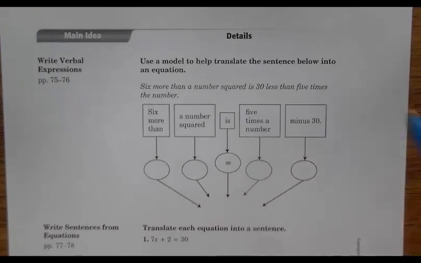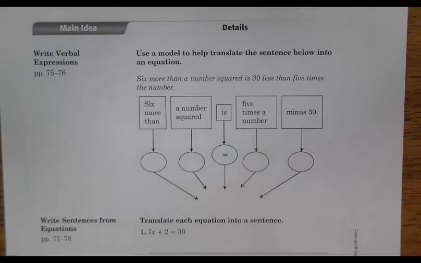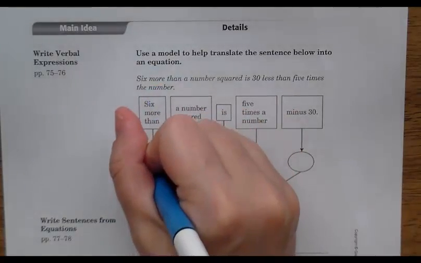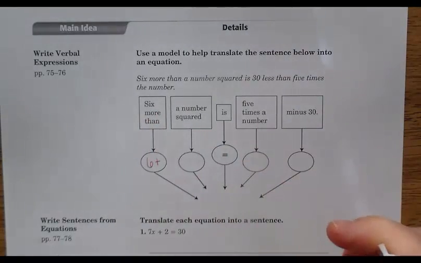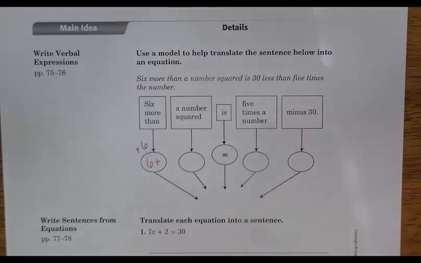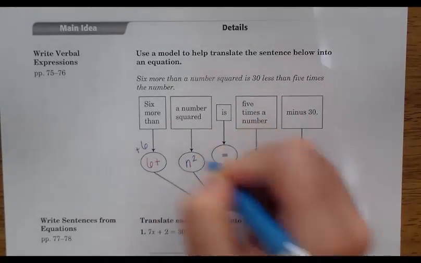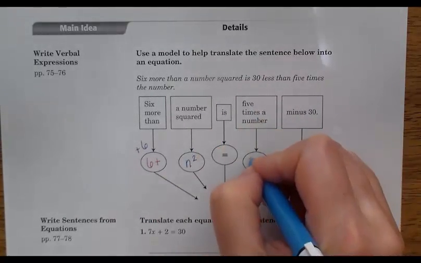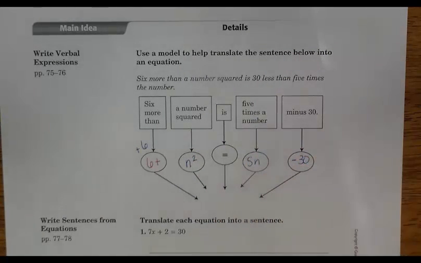Right. We've got a model here to help us translate this sentence into an equation. So 6 more than, that's going to be 6 plus or plus 6, either or. A number squared is 5 times a number minus 30.